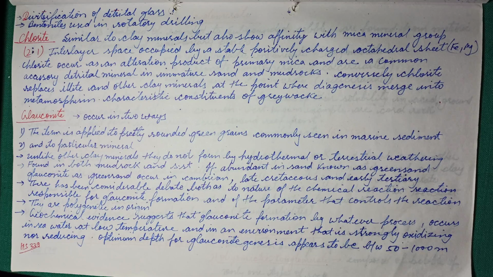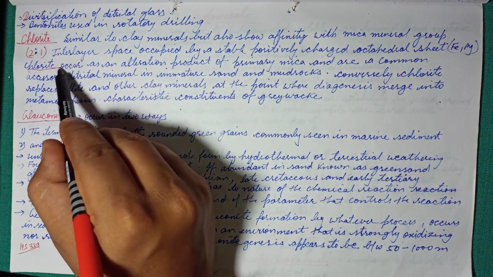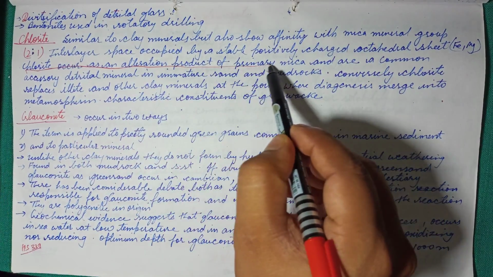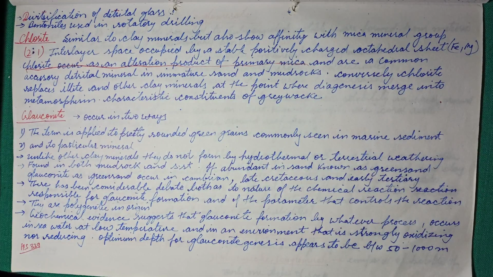Okay, chlorite occurs as an alteration product of mica. So the mica alters to form chlorite. Okay, the alteration of mica, this one you may be knowing, leads to the formation of chlorite, and they are common accessory detrital minerals in immature sands. So immature sands will consist of a large amount of chlorite.